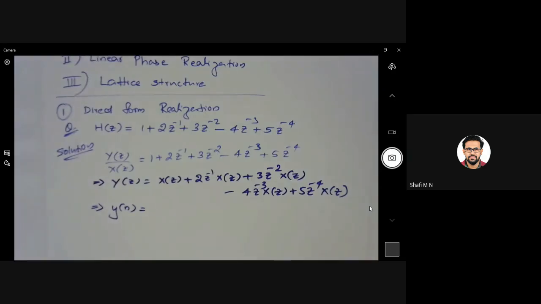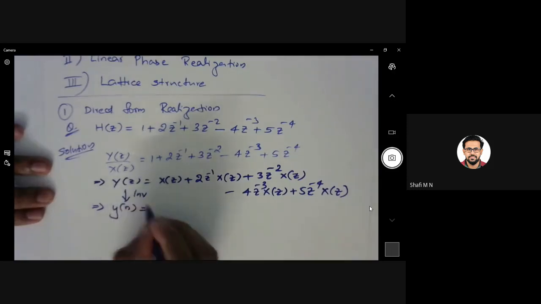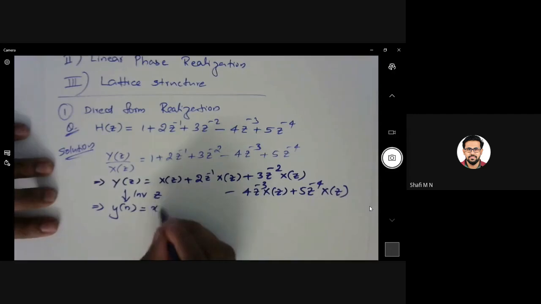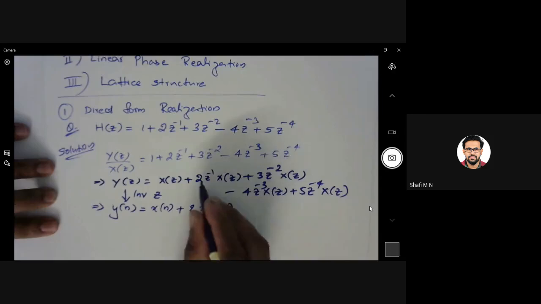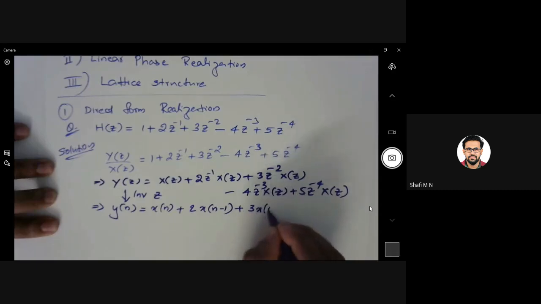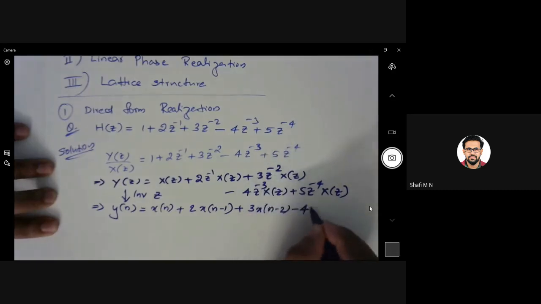Just take the inverse z transform. So that will be x of n plus 2 into x of n minus 1, it's delayed by 1 unit, plus 3 into delayed by 2 unit, x of n minus 2 minus 4 into x of n minus 3, right, plus 5 into x of n minus 4.